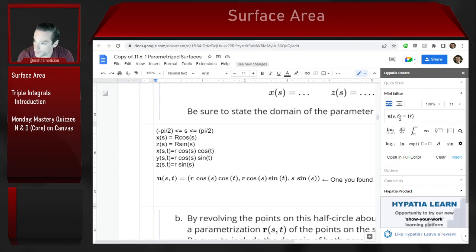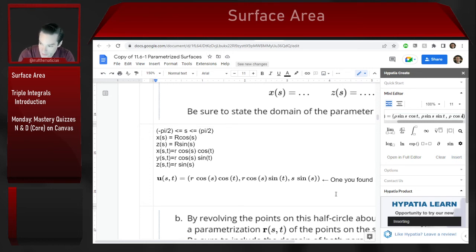So we end up getting r, actually let's call it rho, because that's what the spherical coordinate is going to be named, times sine of s times cosine of t, and then rho times sine of s times sine of t, and then rho times cosine of s.